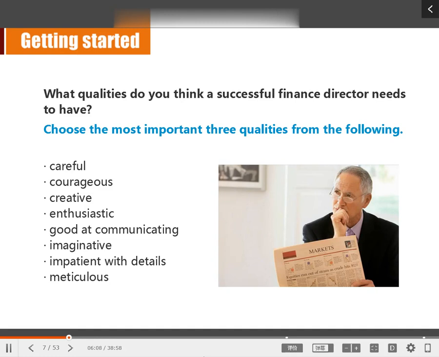So probably you will find the last word difficult to understand. So meticulous here means extremely careful and precise. Okay? So what are the 3 most important qualities for a finance director in your mind?